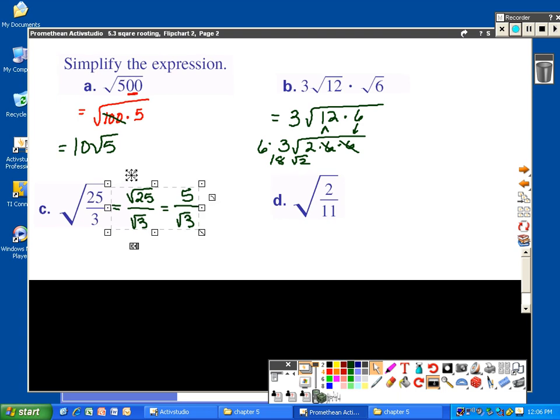You're right, you cannot. So to simplify that, you must multiply by the radical of the denominator in the numerator as well. What you do to the denominator, you must do to the numerator. And that gives me 5 square roots of 3 over square root of 3 times square root of 3. The square root of 3 times the square root of 3 would be 3. And I have 5 square roots of 3 over 3.